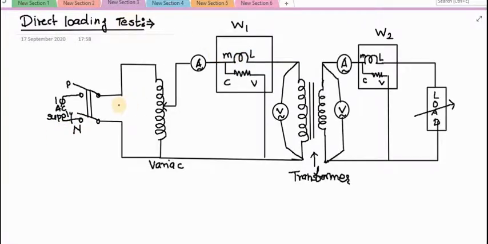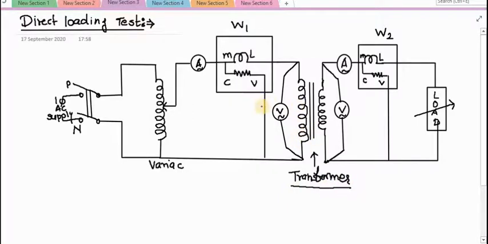So this one is the experimental setup for carrying out the direct loading test on the transformer. See students, the efficiency and regulation at any desired load condition and power factor can be found out by directly loading the transformer as shown in this figure. So what I have done in this figure: this one is your transformer.